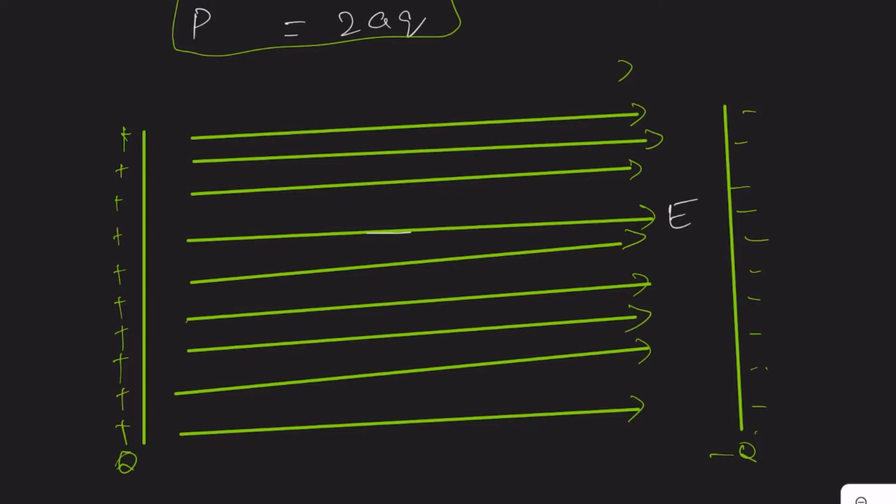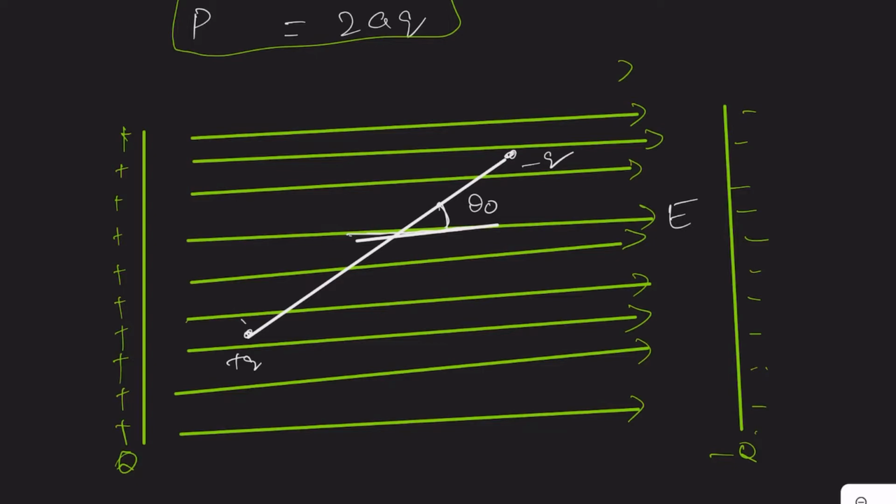So what is the question here? Suppose dipole is placed in the electric field. So now this is the dipole, plus q, minus q, placed in the uniform electric field, and it makes an angle theta naught to the uniform electric field. So due to uniform electric field, two opposite forces act at the ends of the poles.